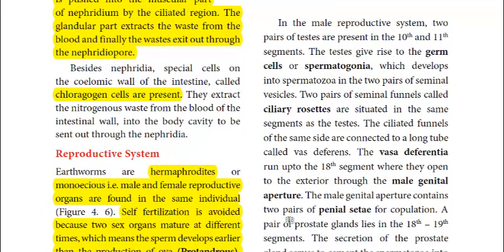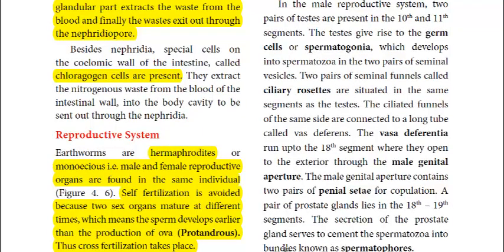The male genital aperture contains two pairs of penial setae for copulation. So copulation இது வெளியே ரிலீஸ் பண்ணணும் அப்படின்னா copulationக்கு இதுதான் organ, penial setae. A pair of prostate glands lies in the 18th and 19th segment.